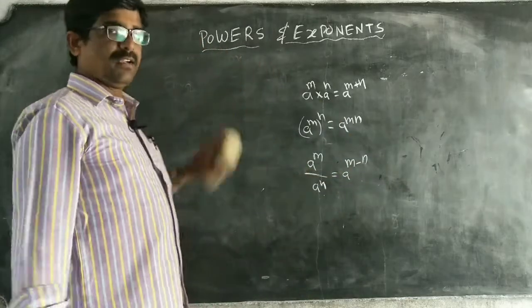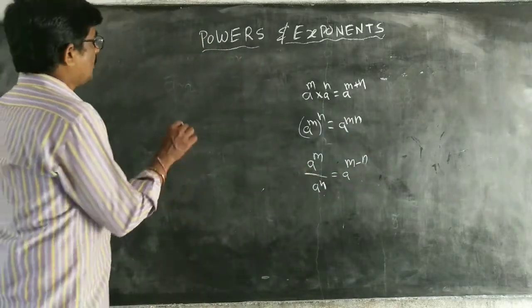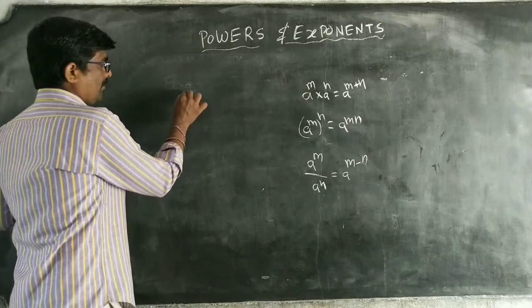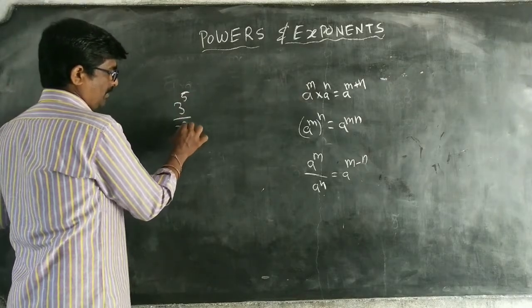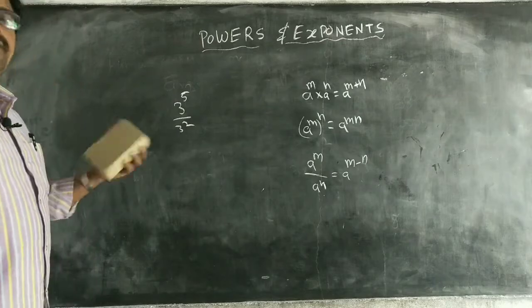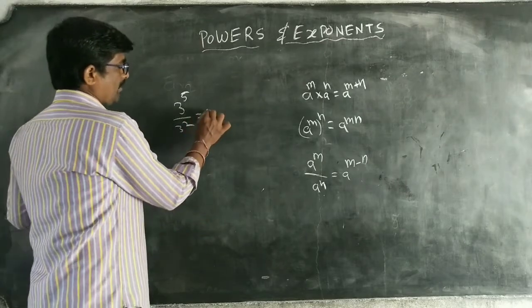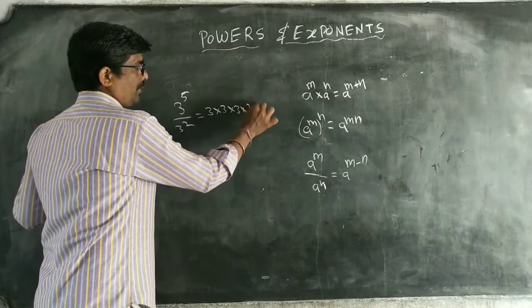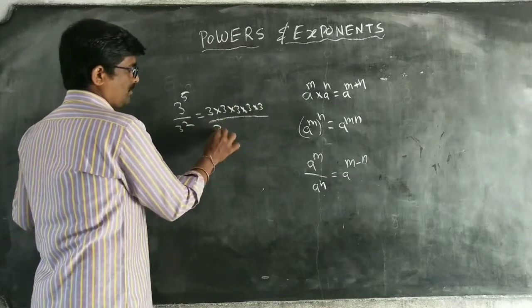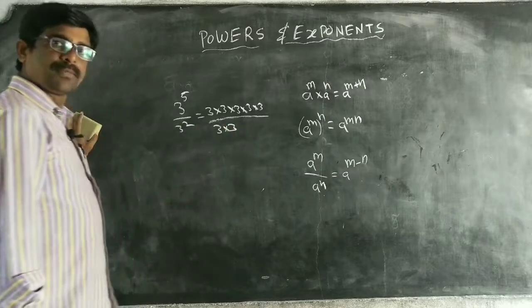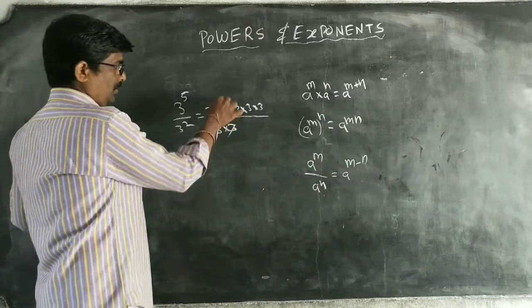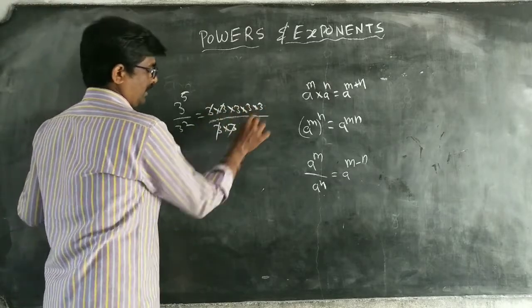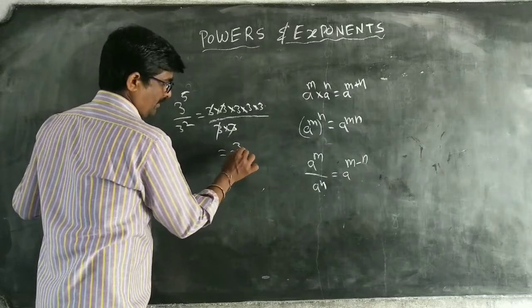Observe here. Take 3 power 5 by 3 power 2. How do we write it? 3 five times, 3 into 3 into 3 into 3 into 3, divided by 3 two times, 3 into 3. So 2 threes get cancelled, leaving 3 power 3.